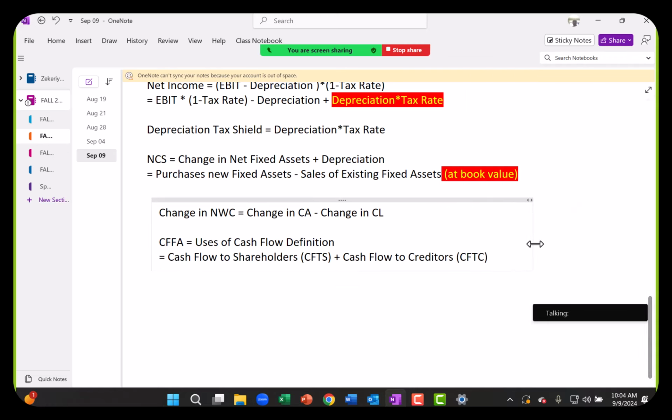So my cash flow from assets is $10 billion. Maybe I gave 2 to my shareholders and the other to the creditors.